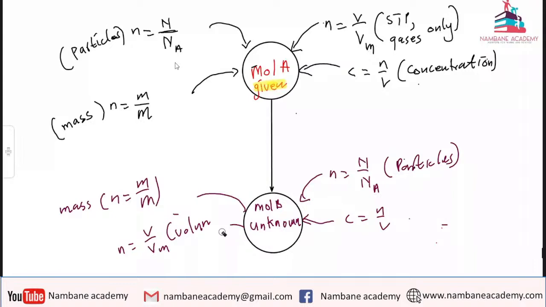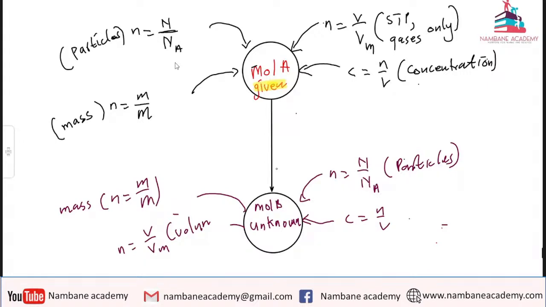Ladies and gentlemen, I cross the bridge by using what we call the molar ratio. The molar ratio is the only assistance that I have to move from the given to the unknown. If I do not have the mole ratio, I will not be able to cross that bridge.